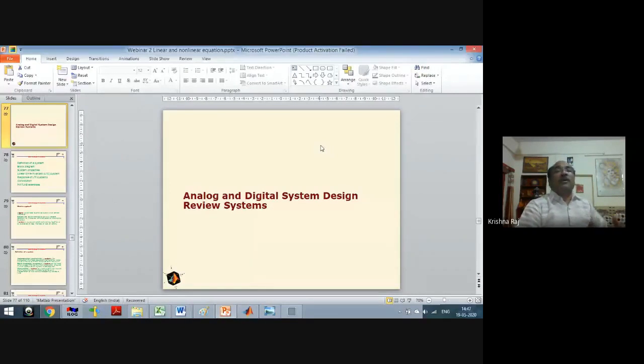So try to understand our concept, for which we are with you. We are just trying to discuss how we can use MATLAB to design and develop our system. Again and again the request is that please go through these steps and discussions, and the day after tomorrow we will again be in the class.